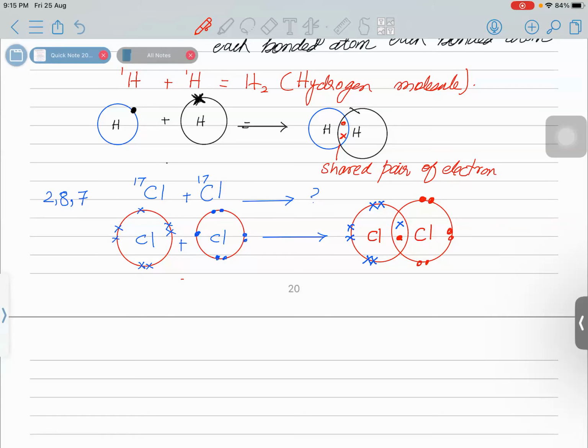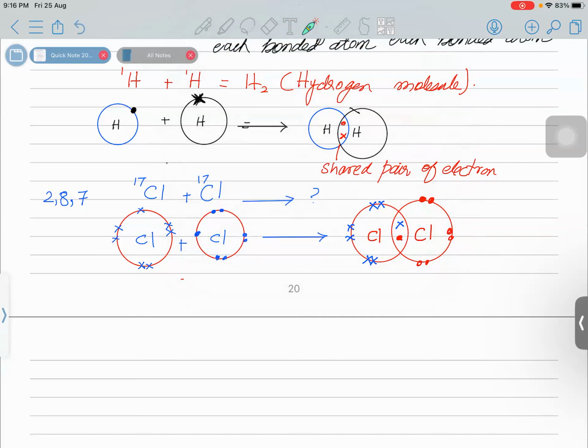So these are called shared pair of electrons. While drawing the dot and cross diagram, shouldn't we keep the same symbol because they're the same element? Yes, just a cross or just a dot. If elements are the same, you always use the same symbol. It's specific. Are you getting my point?